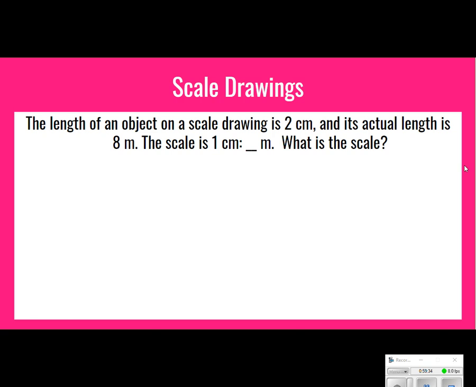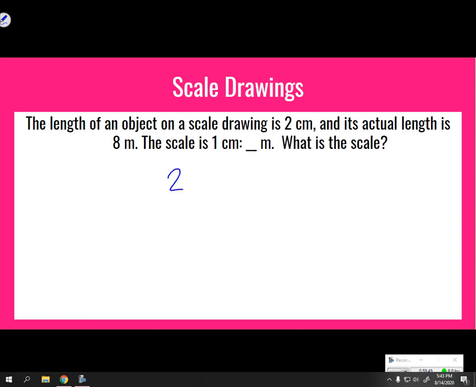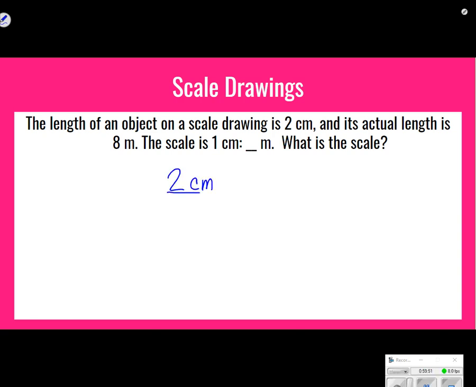The length of an object on a scale drawing is 2 centimeters, and its actual length is 8 meters. The scale is 1 centimeter to blank meters. So what we want to do is figure out what the scale is. So I can do 2 centimeters over 8 meters, and this is why I like to do the small over big, because it helps with scale.